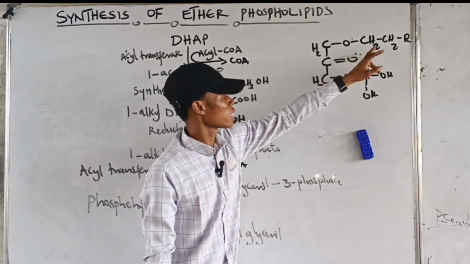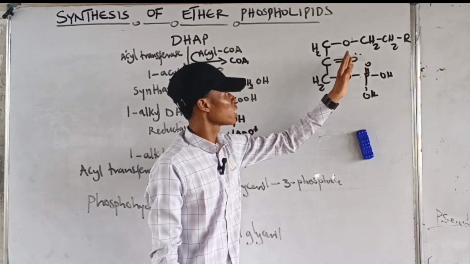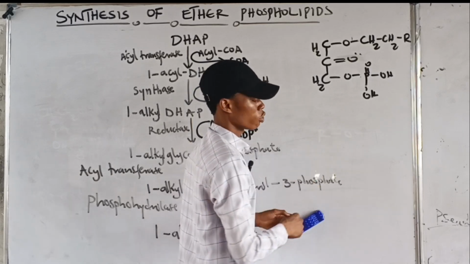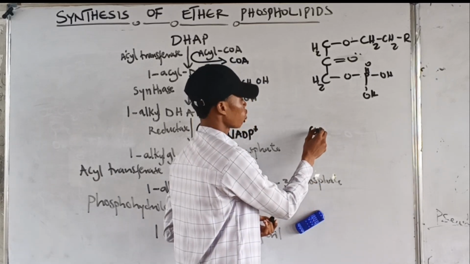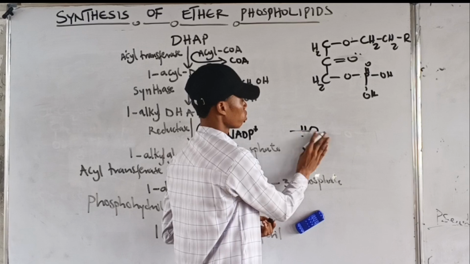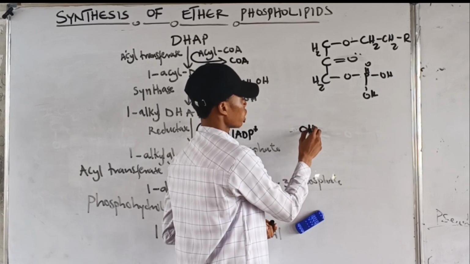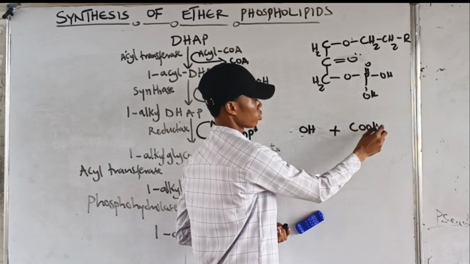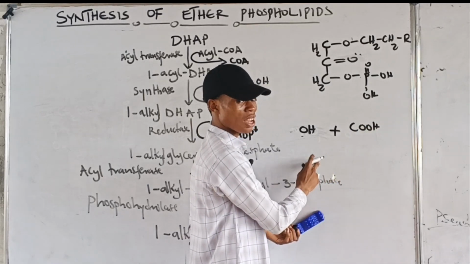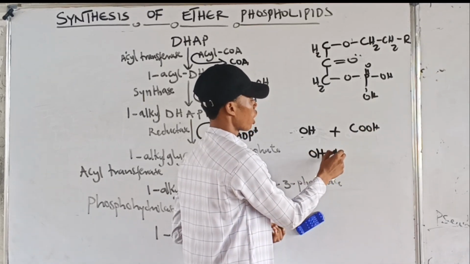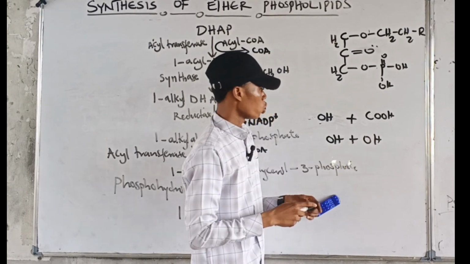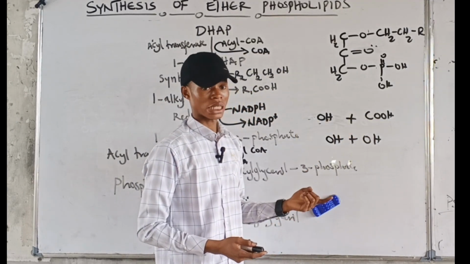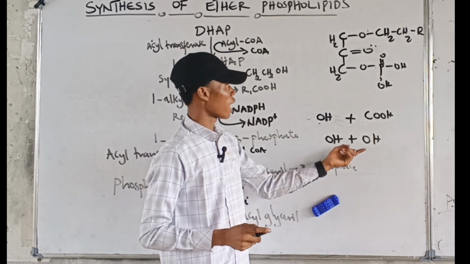Because you want to form an ester functional group, ester functional group is formed between an alcohol and carboxylic acid. But ether functional group is formed between an alcohol and an alcohol. So if you want to form ester, alcohol and carboxylic acid; if you want to form ether, alcohol and alcohol.